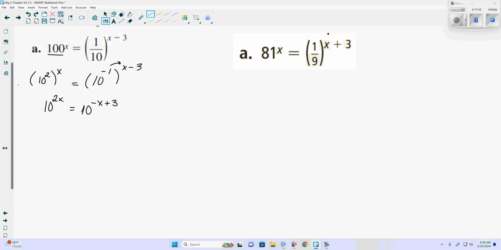So here we had to get the bases to be the same. And we were able to do that, which is just telling us that 10 to the 2x is equal to 10 to the negative x plus 3. So was this significantly harder than the previous ones? No. The only real challenge to this here is getting those bases to be the same, because once we get them to be the same, the exponents have to be the same as well, which means 2x is equal to negative x plus 3.